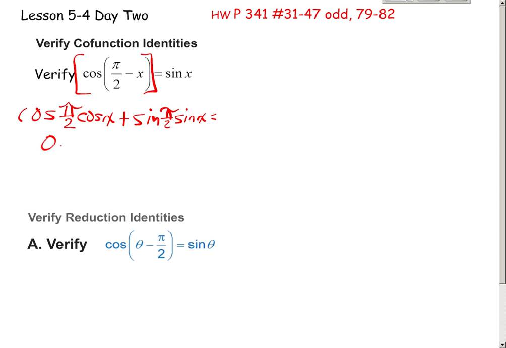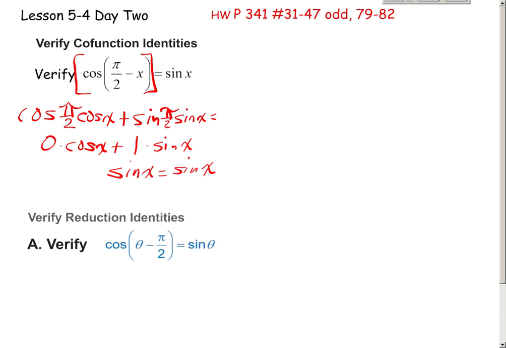So we have 0 times the cosine of x plus the sine of pi over 2, which is 1, times sine of x. So that, of course, simplifies to just sine of x. And so we have verified our cofunction identity for the cosine and sine.